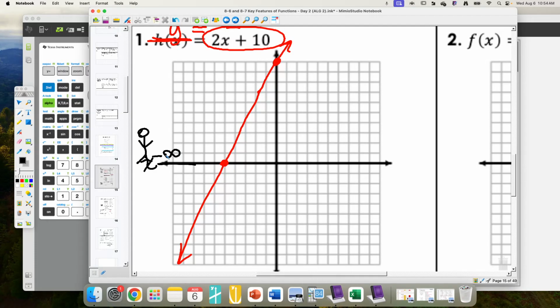From -infinity until I get here, this part is below the x-axis. If this is below the x-axis, what do you call that one? Negative interval. So I'm going to write -infinity to, what's that number there, y'all? -5. That's what's up. From -infinity to -5 is a negative interval.